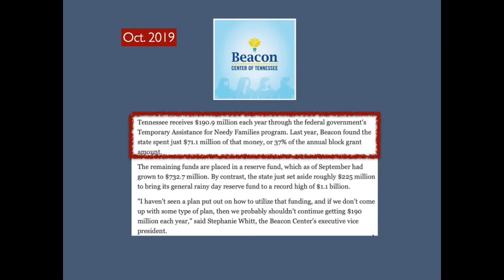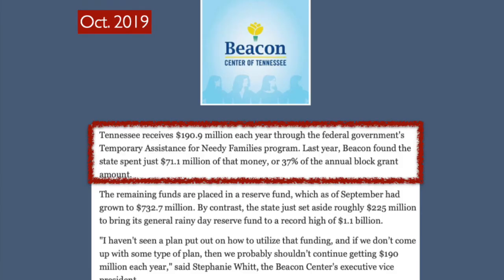And so in October 2019, they issued this report because part of what they do is research how government is being done in Tennessee. They found the following. Tennessee receives $190.9 million each year through the federal government's Temporary Assistance for Needy Families program, TANF. Last year, Beacon found the state spent just $71.1 million of that money, or 37% of the annual block grant amount.